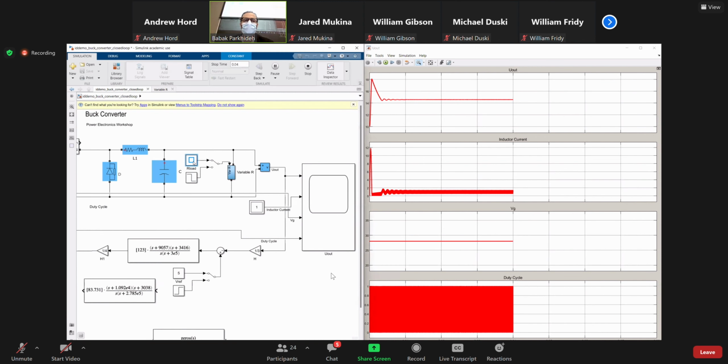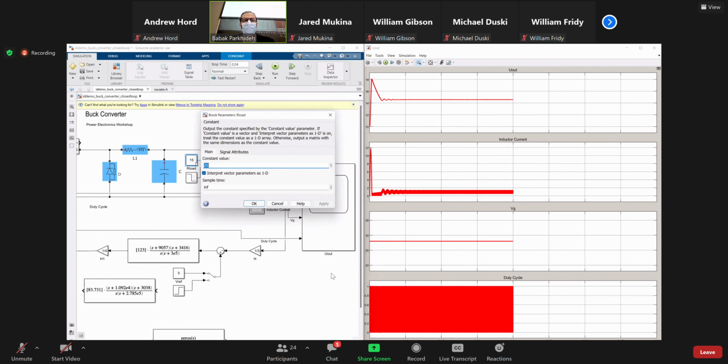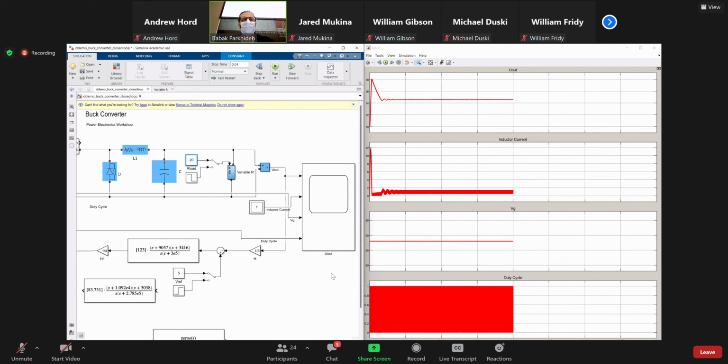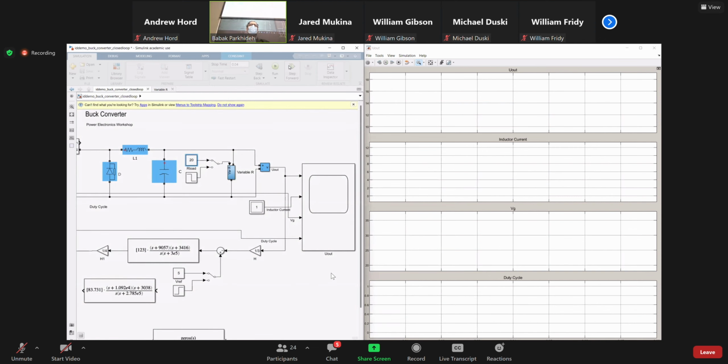So I think I can increase this a little bit further so that I reach to 0, and we call that mode boundary conduction mode, or BCM.